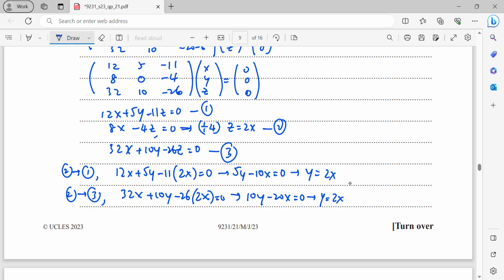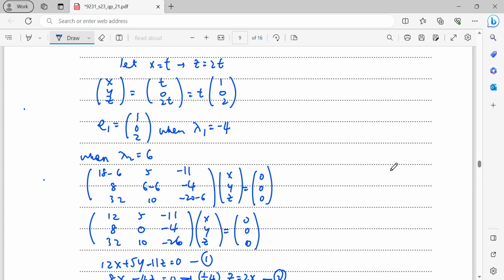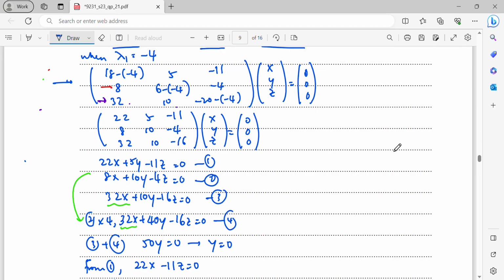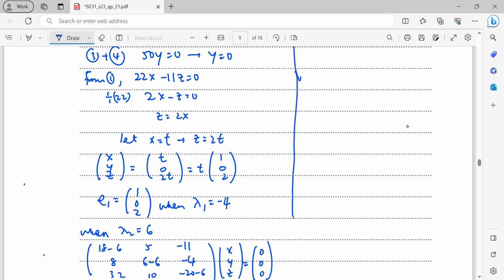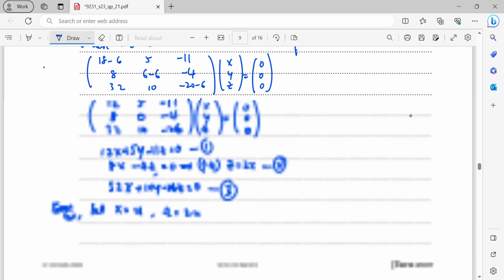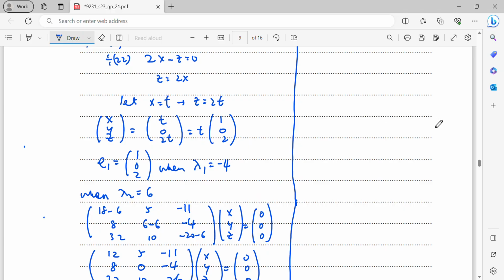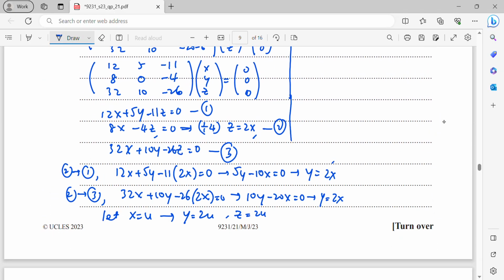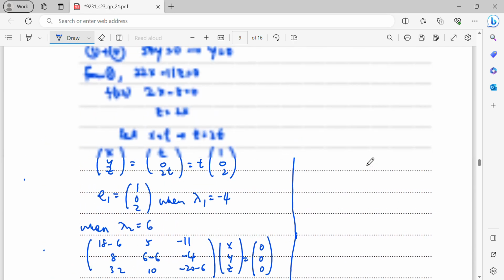So which means now I know that my z depends on 2x, depends on x, my y also depends on x. So now I can let my x be u. Which means my y is 2u and then my z is 2u. Then now I will continue here. Right, so I will rewrite.